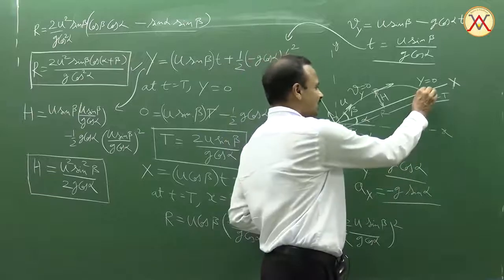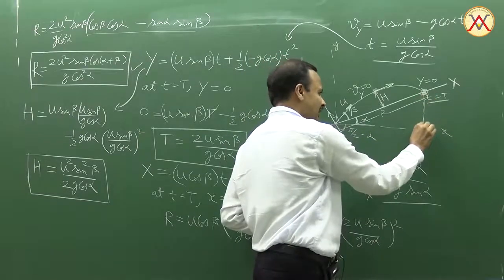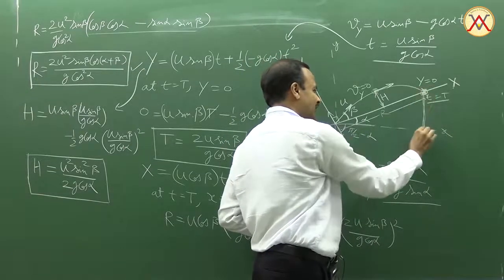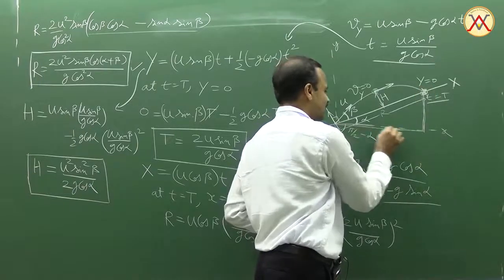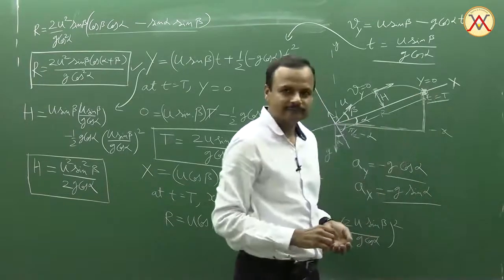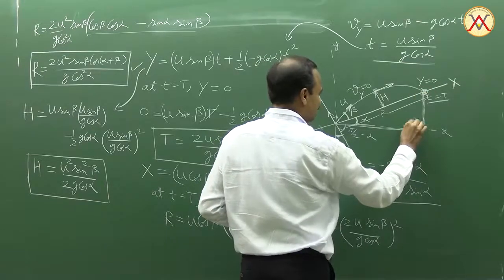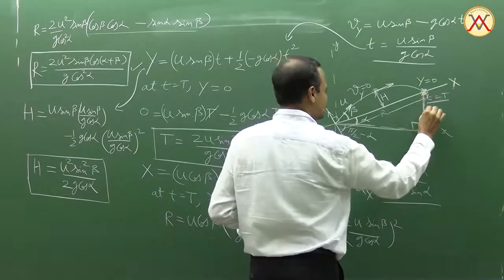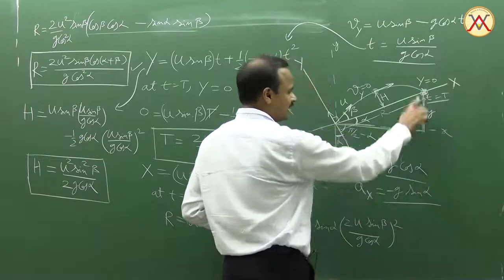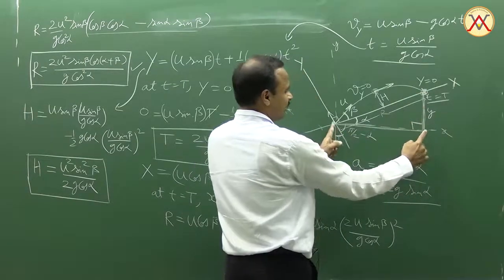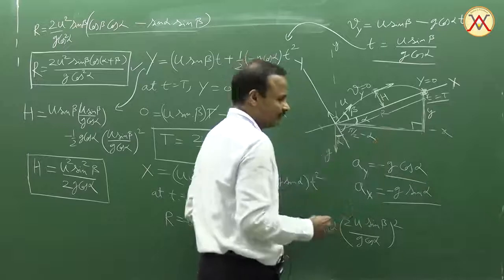Can you see what is the relation between this y coordinate, the vertical, and the horizontal displacement of this point? If you look at this triangle, this is a right angle triangle, so the small y coordinate, the vertical coordinate, is equal to the x coordinate into tan alpha.